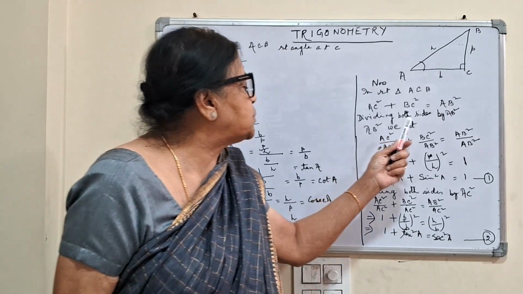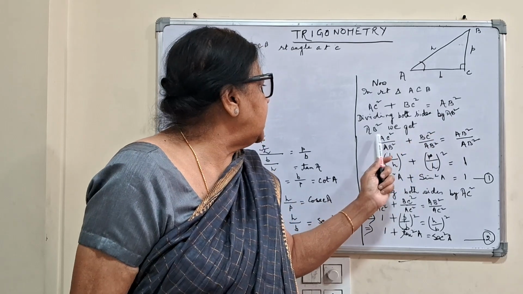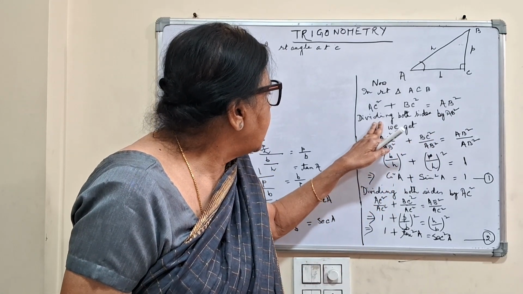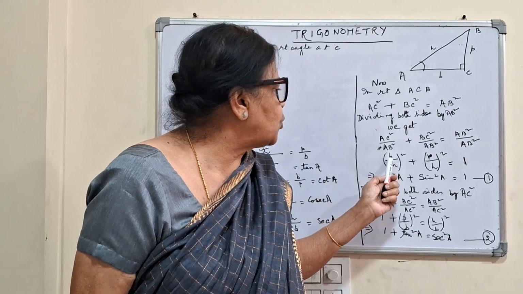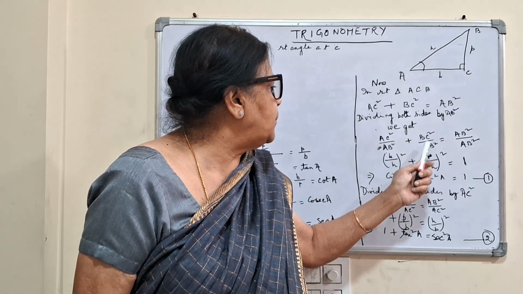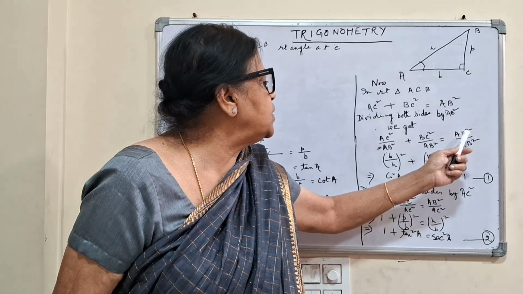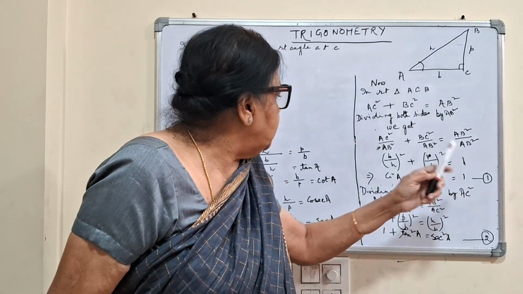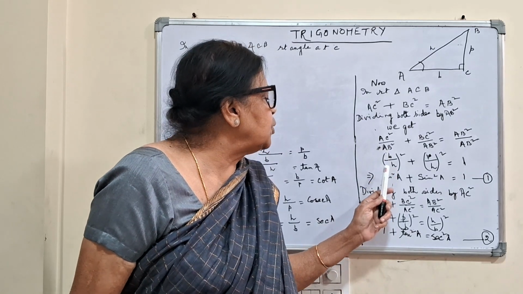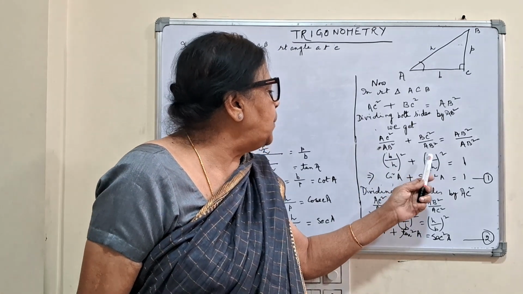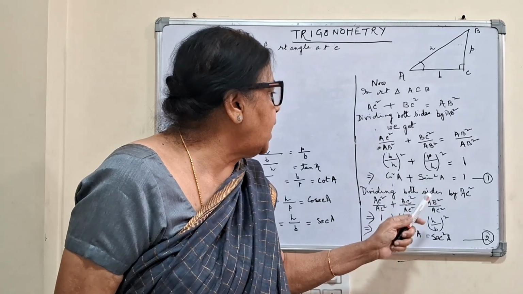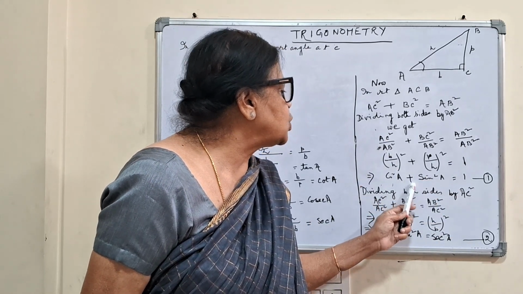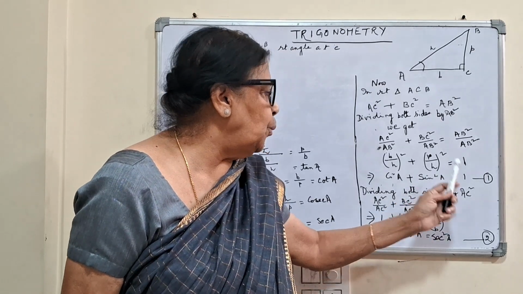Dividing both the sides by AB square, we get AC square by AB square plus BC square by AB square is equal to AB square by AB square. AB square by AB square is 1. That is base upon hypotenuse whole square plus perpendicular upon hypotenuse whole square is equal to 1. That is cos square A plus sin square A is equal to 1.